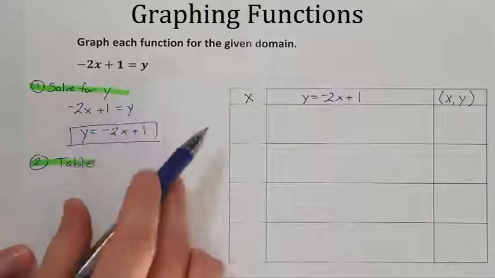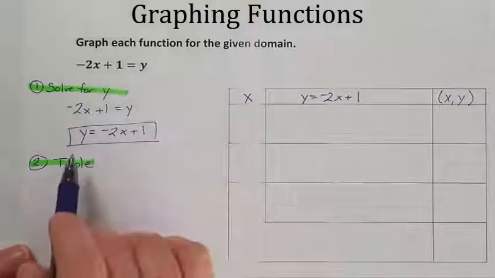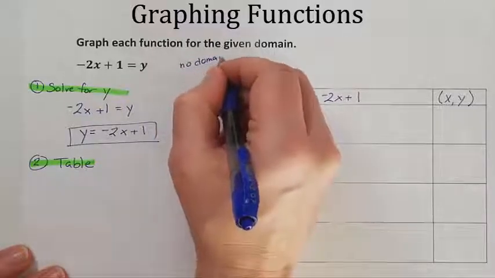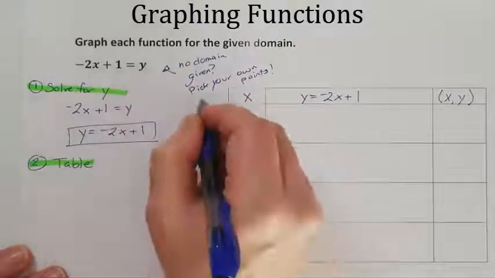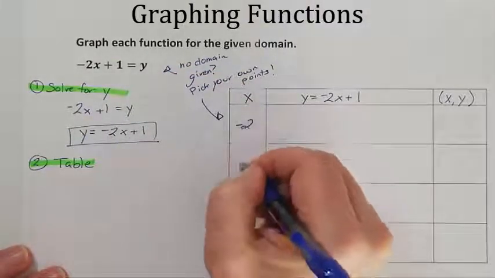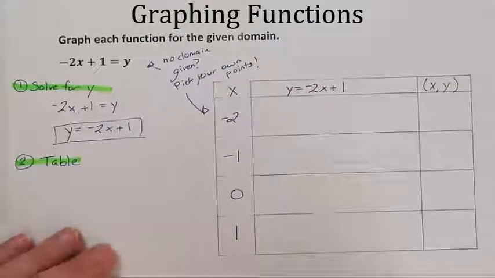So far, we've been given domains and we've been filling those in. This time, they don't give us a domain. So if you don't have a domain given, you pick your own points. So if no domain is given, you need to pick your own x values. I like to stick with -2, -1, 0, 1, and I actually like to fit in a fifth one.